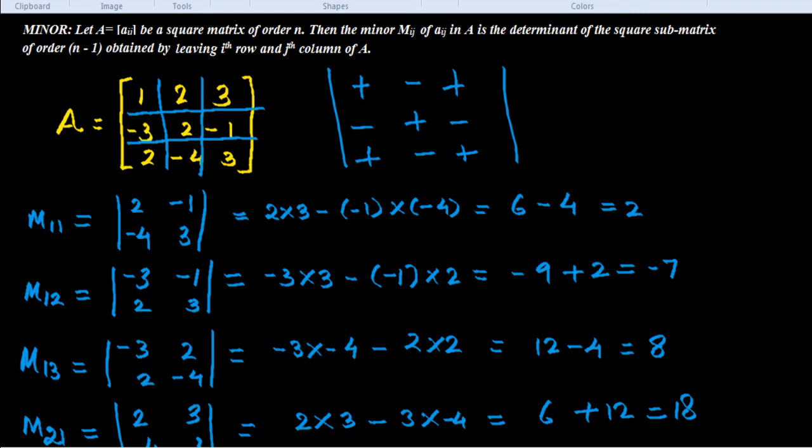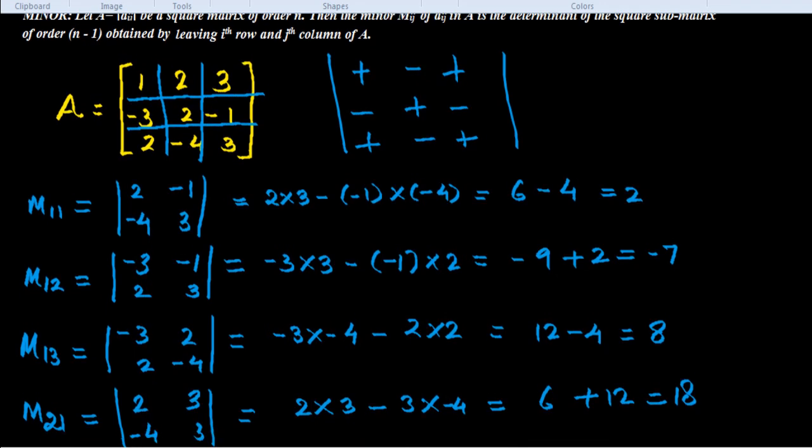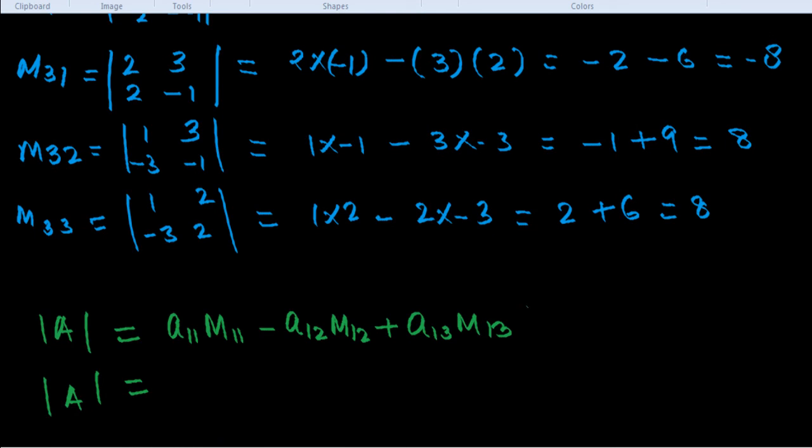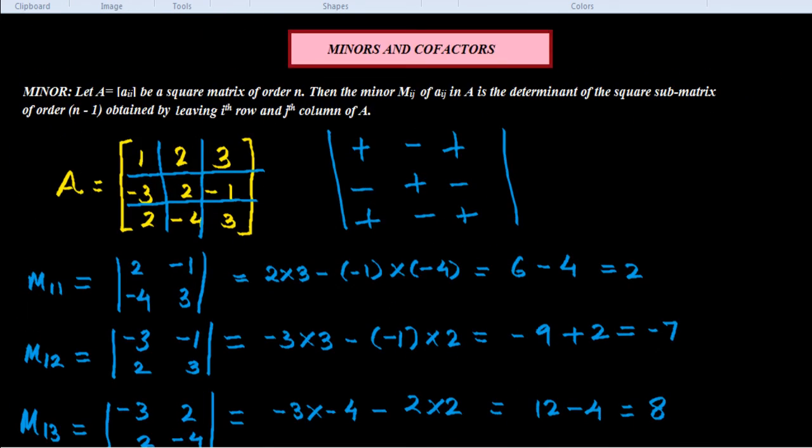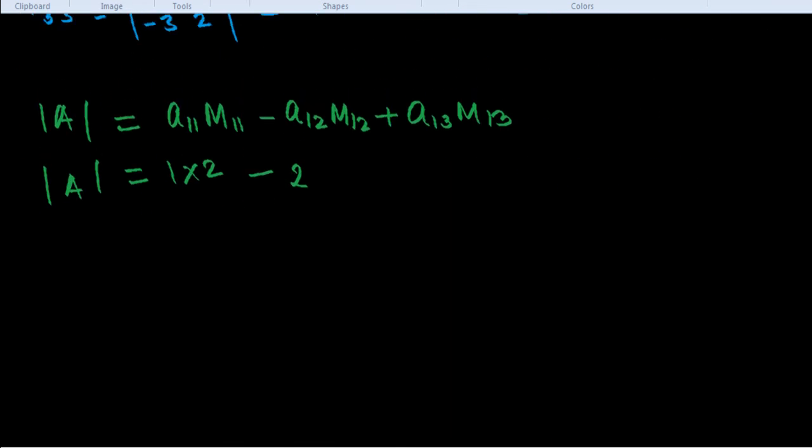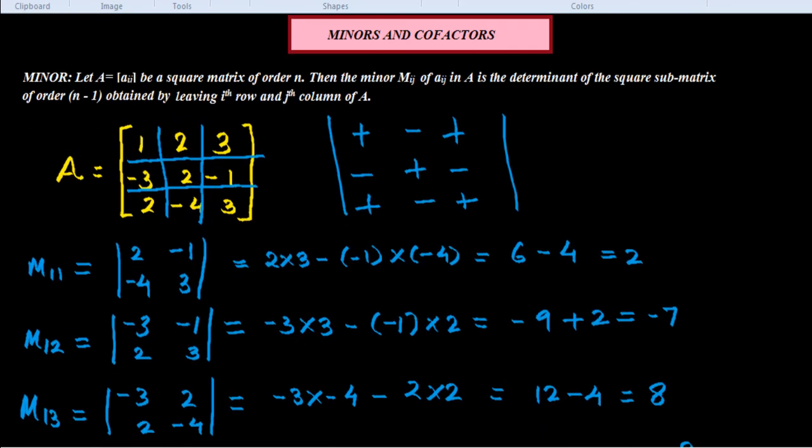So here you see A11 is 1 and M11 is 2. 1 multiplied by 2 minus A12, which is 2, and M12 is minus 7, so 2 into minus 7, I have to put here. Then A13 is 3 and M13 is 8.